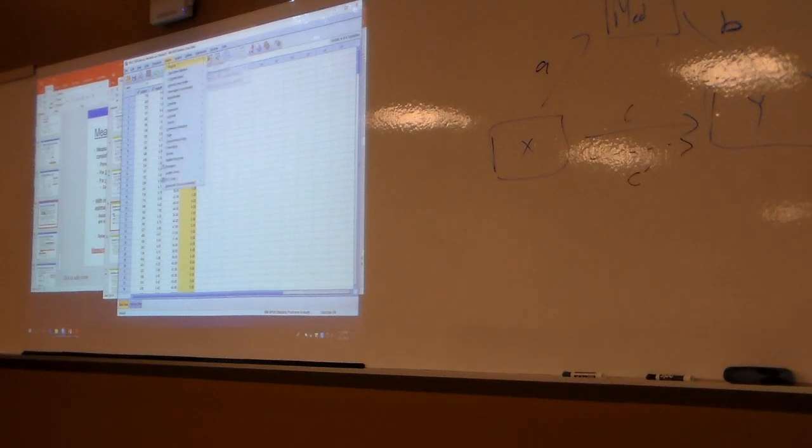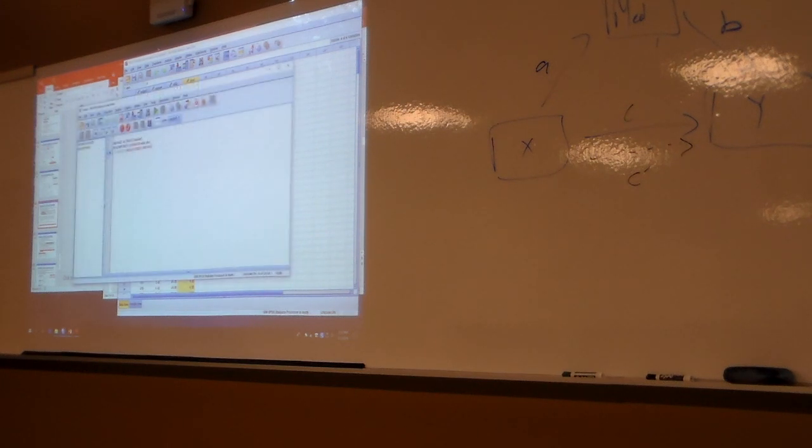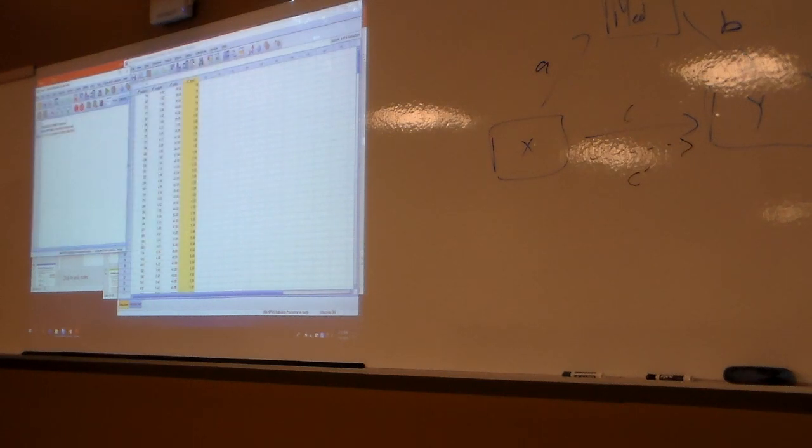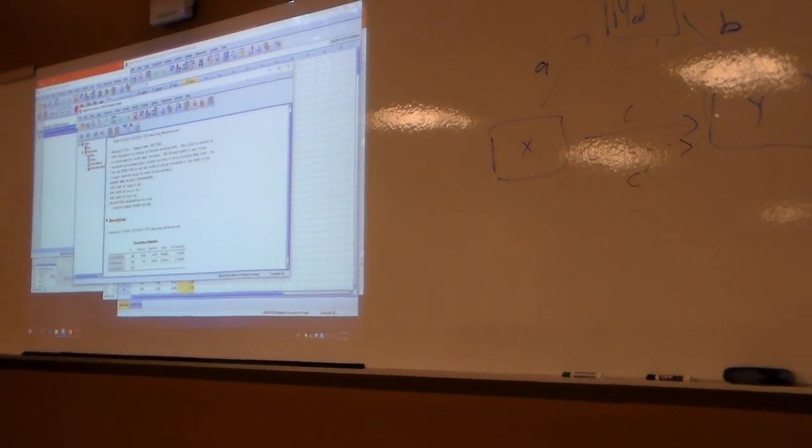So I'm going to go to analyze, descriptives, and perceived support is my outcome. So I'm just going to look at support utilization and PTSD. Go through and run this.